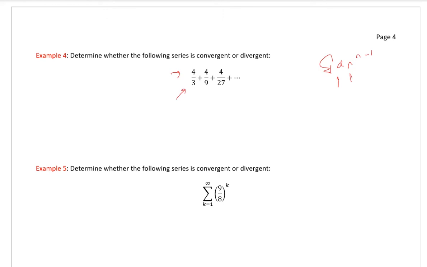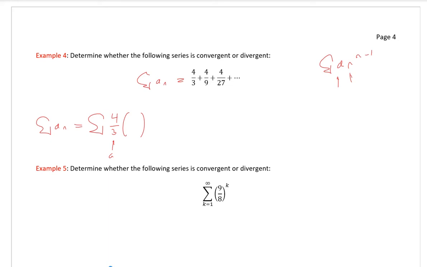So I should be able to rewrite this as the sum of a sub n, and that means I have this as the sum of 4/3. That's my value for a. And then I want to see what I'm multiplying by.